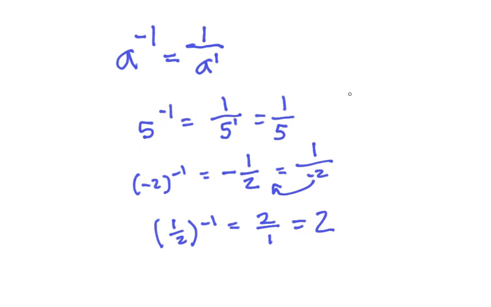If I had 3/4 to the power of negative 1, that would become 4 over 3. So with negative 1 as the exponent, it basically flips the number upside down. If it's a whole number like 5, it becomes 1 over 5. Negative numbers will still be negative, and fractions will just be flipped upside down, like 1/2 and 3/4. Okay, let's go to the next one.